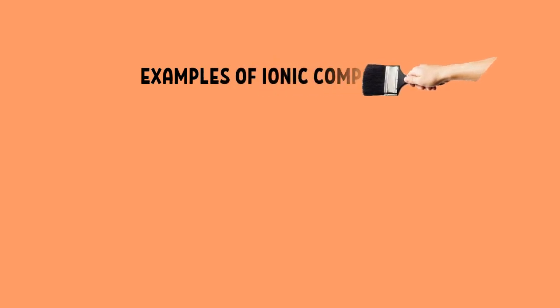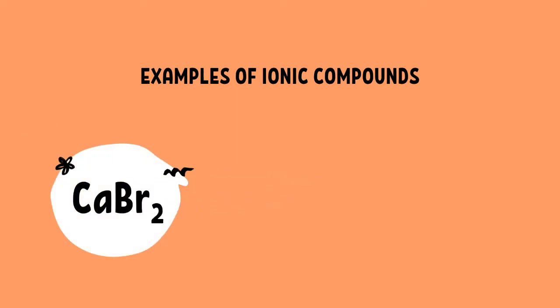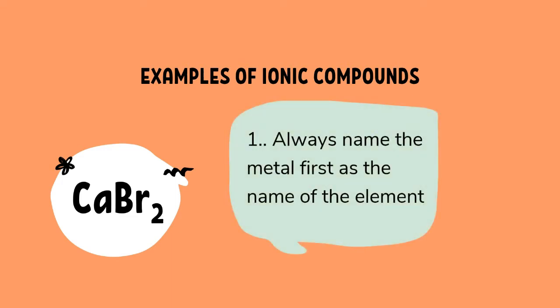Examples of ionic compounds. To better understand how to name an ionic compound, let's have an example. What is the first rule? Always name the metal first as the name of the element. In this type of compound, it has metal and non-metal, because when we say ionic compound, it is a combination of metal and non-metal.